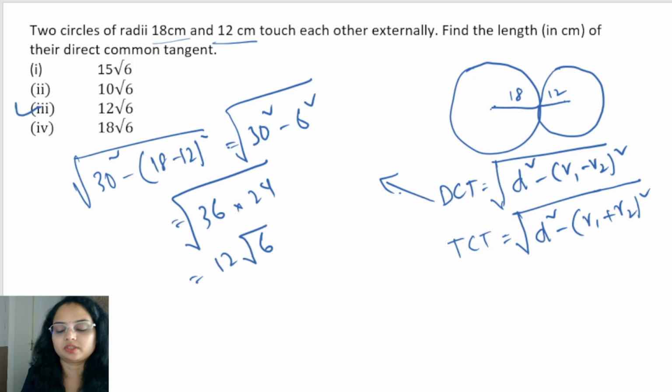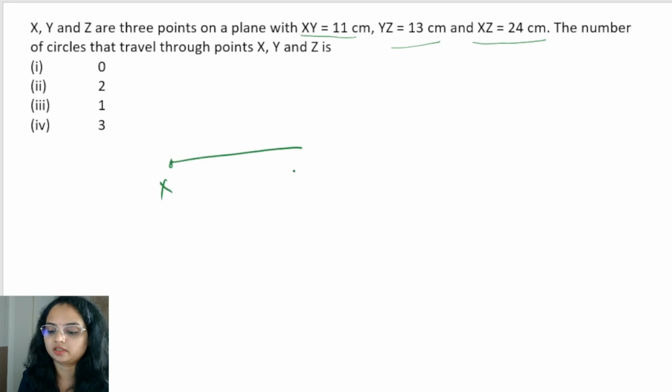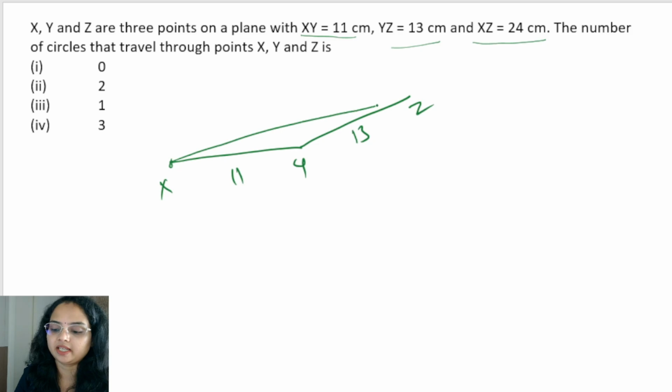Third option. Next one, x, y, z are 3 points on a plane with xy is equal to 11 centimeters, yz is equal to 13 and xz is equal to 24 centimeters. So we'll take here 3 lines. It is xy is equal to 11 and yz is equal to 13 and xz is equal to 24.